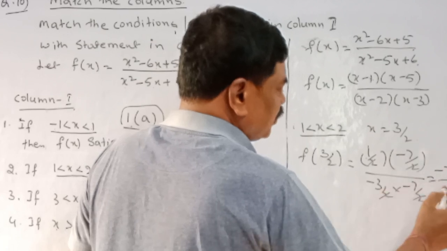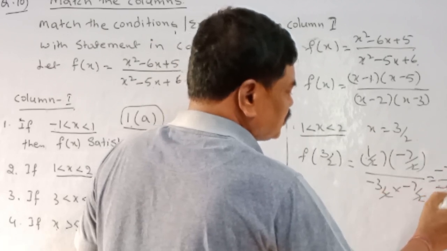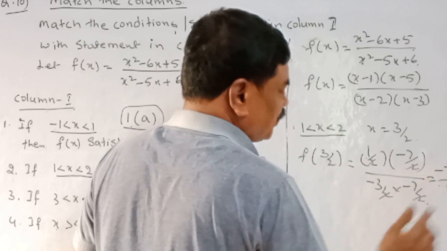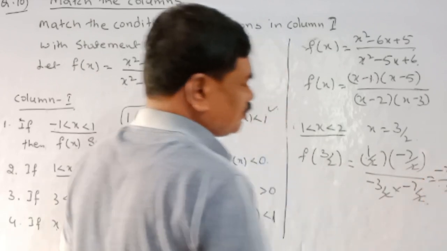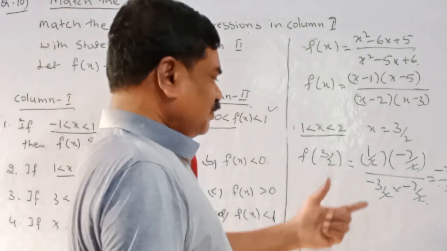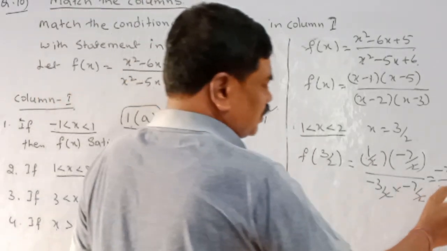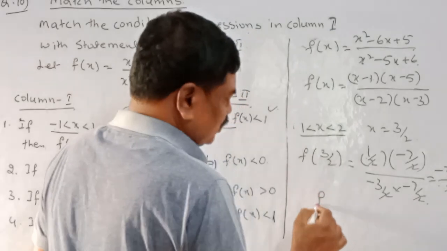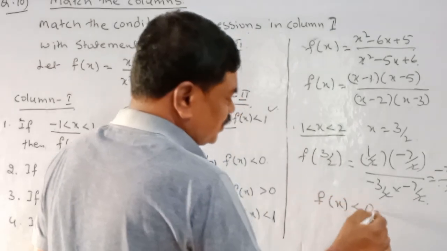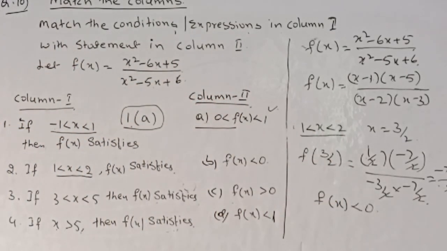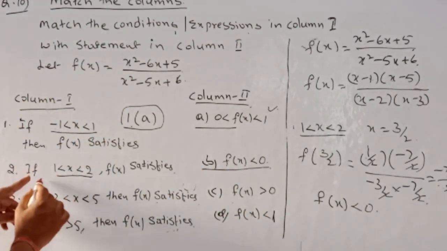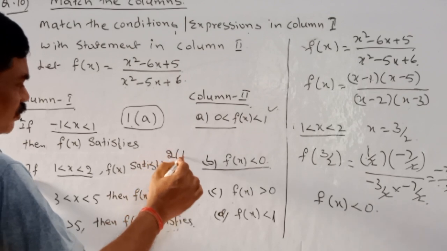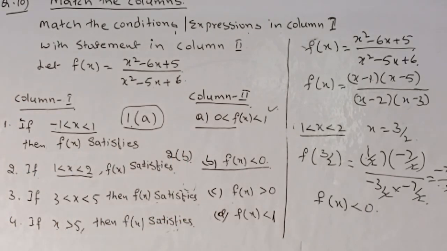Minus 7 by minus 3, that is 7 by 3. Sorry, this is f of x is less than 0, option B. So 2 is B. f of x is less than 0.